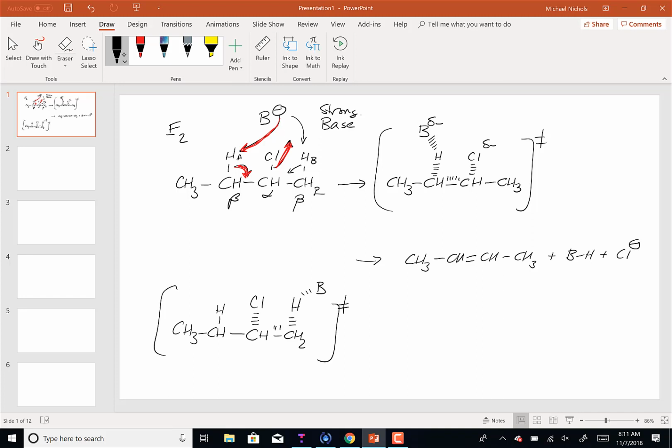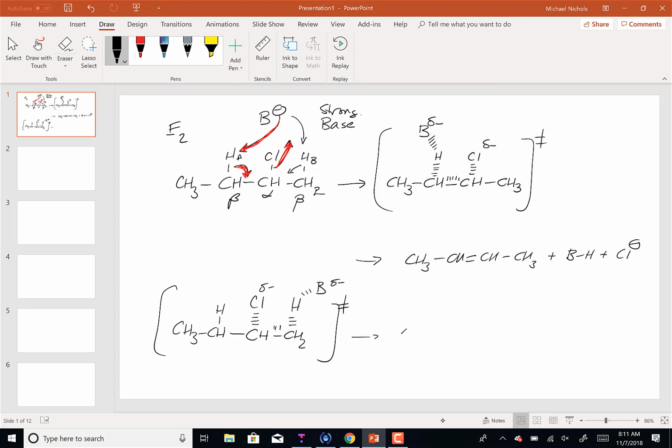So that's exactly the same transition state, only to the other hydrogen, to beta hydrogen B. So then the partial charges would be in the same place. Delta minus on B, delta minus on chlorine.